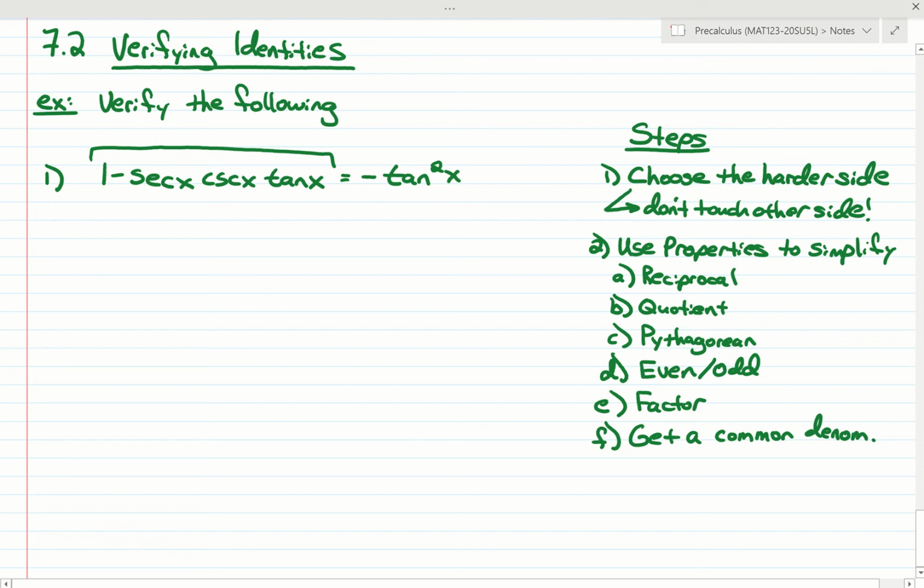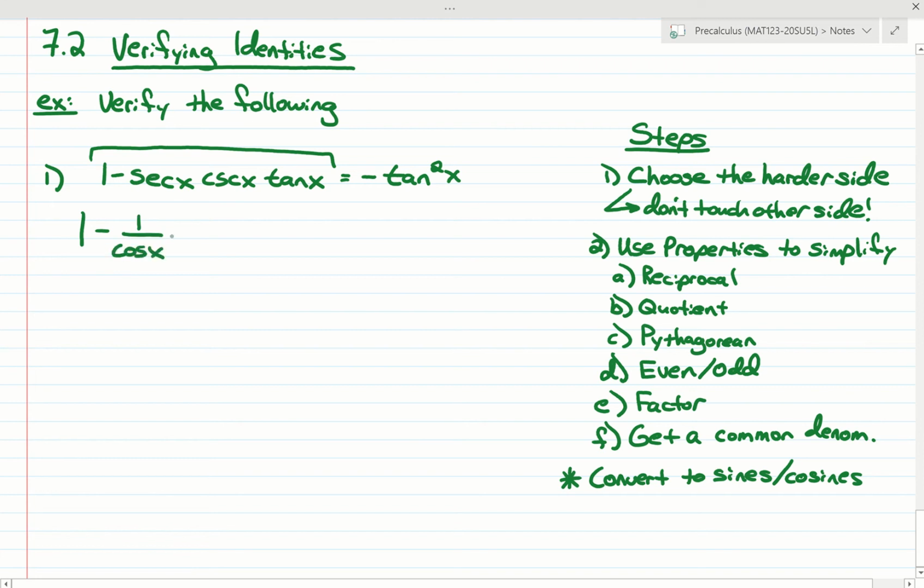Generally, what we do is we convert to sines and cosines, and then we either factor or get a common denominator to finish. So let me show you with our examples. First thing I would do to get started is on the left side, I would say 1 minus 1 over cosine.